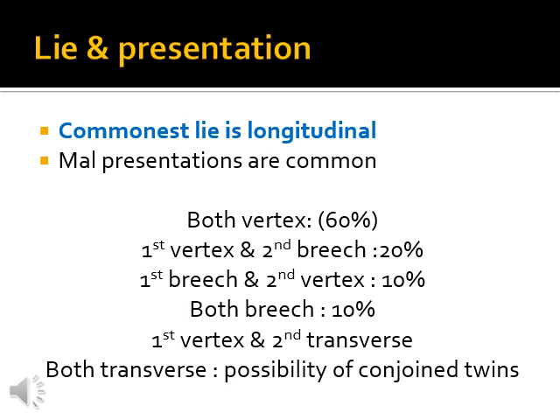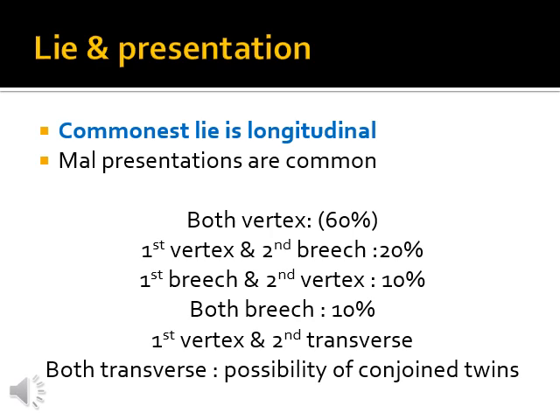In 60% of cases, both fetuses may be vertex, and in 20% one baby is vertex and the second one is breech. In 10% of cases one is breech and the second vertex, and in 10% both babies can be in breech position.